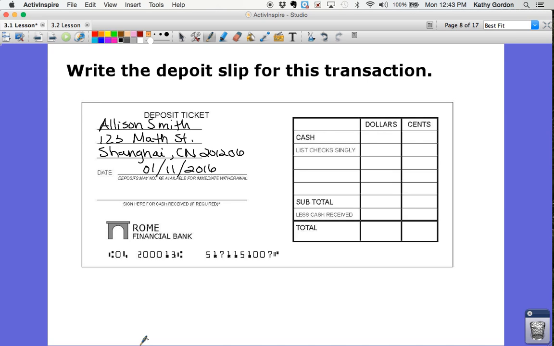And then what does it say under this next line? If Required. Sign here for cash received if required. What that means is you don't always have to sign that line.